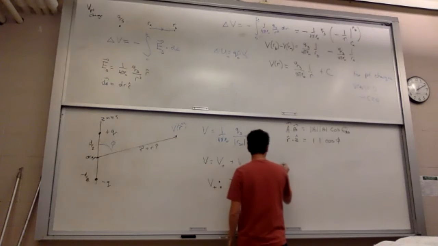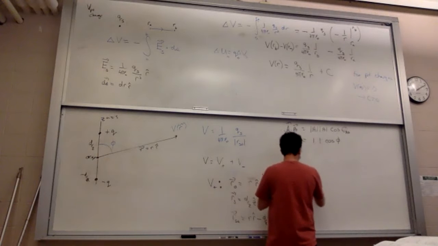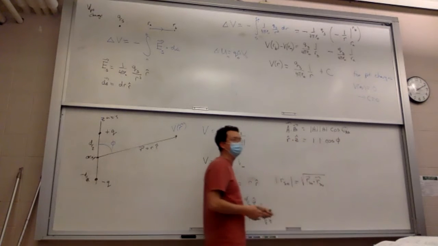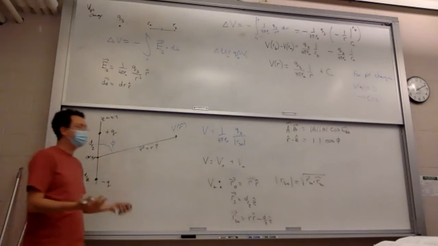Because when I work out the magnitude of RSO, that would be the square root of RSO dotted with itself. That's how we define the magnitude of any vector: you take the dot product with itself, and then take the square root.